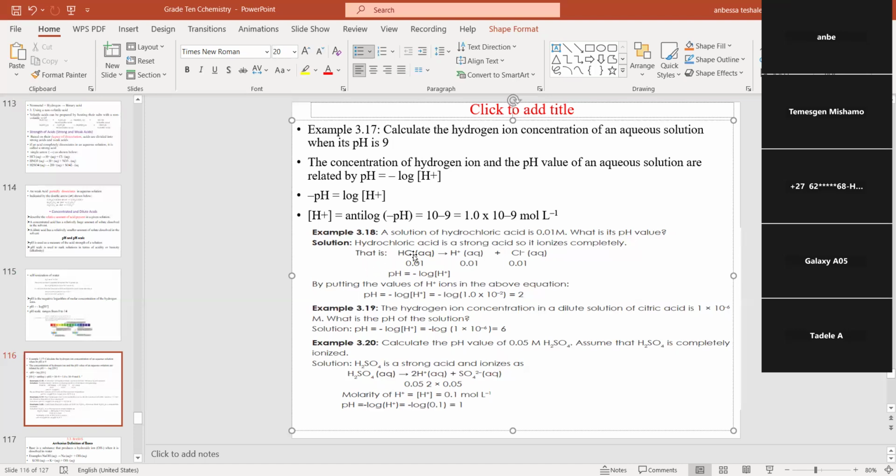What is the pH value? ካለን HCl ቅድም ኮምፕሊት ሪአክታንት ላይ ያለው ነገር በሙሉ ወደ ፕሮዳክት ላይ ያልፋል፣ ምክንያቱም ሃይድሮጅን ክሎራይድ ስትሮንግ ስለሆነ። ስለዚህ 0.01 ሞላር ኦፍ ሃይድሮክሎሪክ አሲድ ውስጥ 0.01 ሞላር ኦፍ ሃይድሮጅን አዮን አለ ማለት ነው። 0.01 ሞላር ኦፍ ክሎራይድ አዮን አለ ማለት ነው። ስለዚህ this is the concentration of hydrogen. so pH ነው ካልኩሌት አድርጎ የተባለ pH is equal to minus log of concentration of hydrogen ይሆናል። ይችን በሳይንቲፊክ ኖቴሽን ስንጽፍ 1 times 10 to the power of minus 2 ይሆናል ማለት ነው። pH is equal to minus log of 1 times 10 to the power of minus 2.